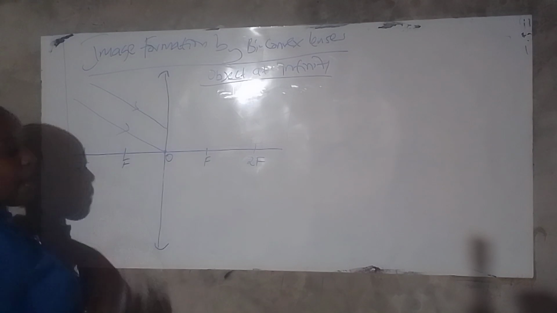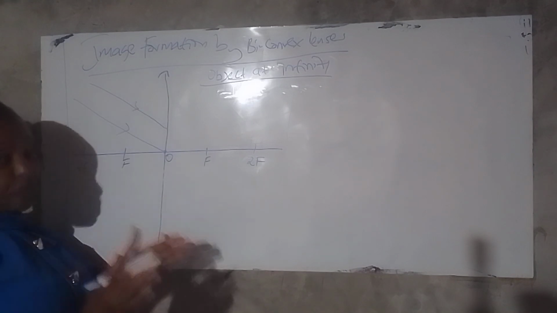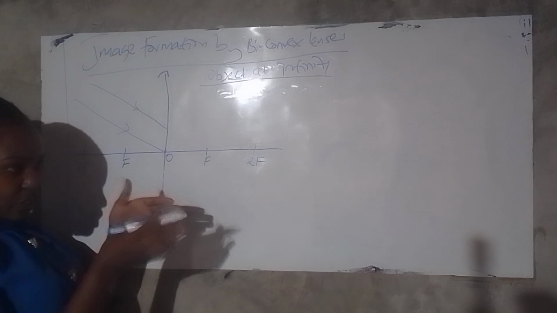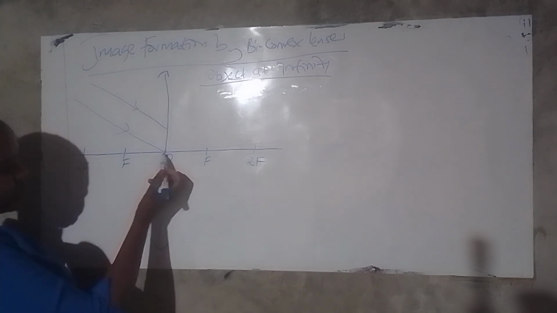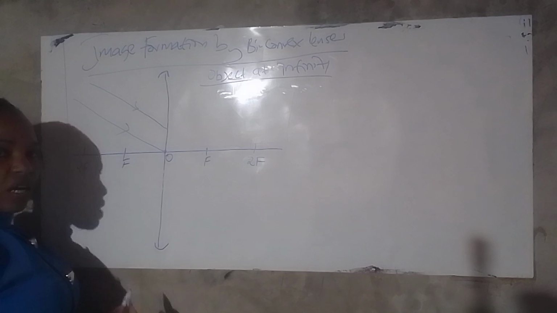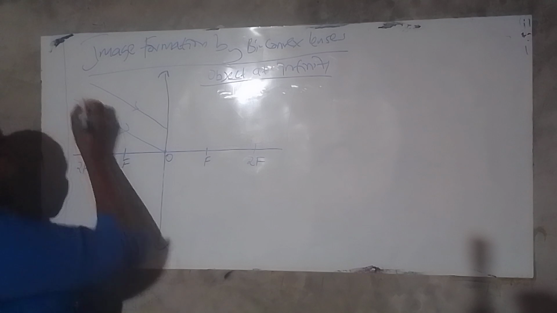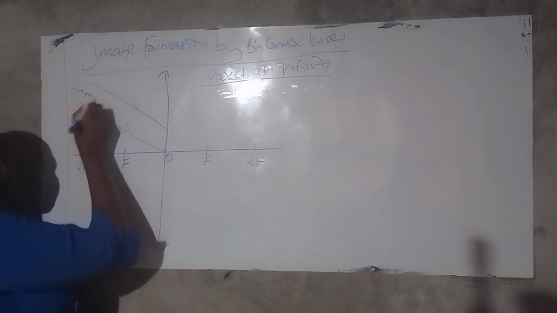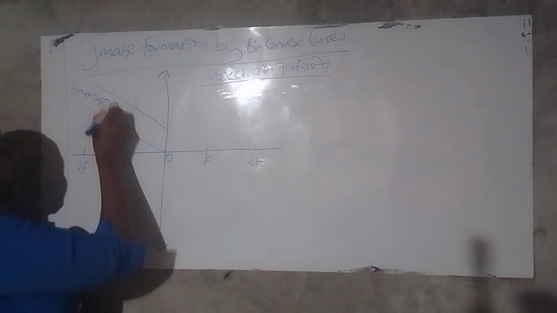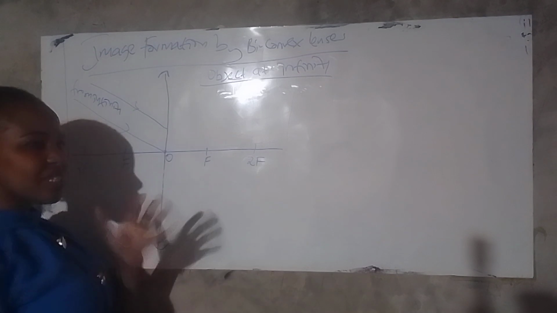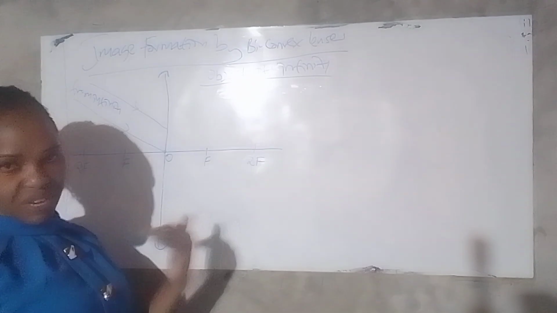So these rays are parallel to each other. Remember, they are not parallel to the principal axis, but they are parallel to each other. They're making an angle. As you can see, this one is making an angle with the principal axis. Now, these rays are coming from infinity. So it's a place we cannot exactly say where it is because it's very far.